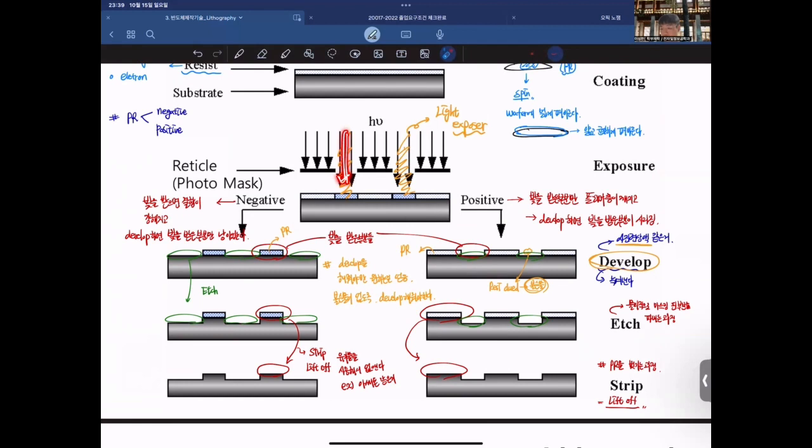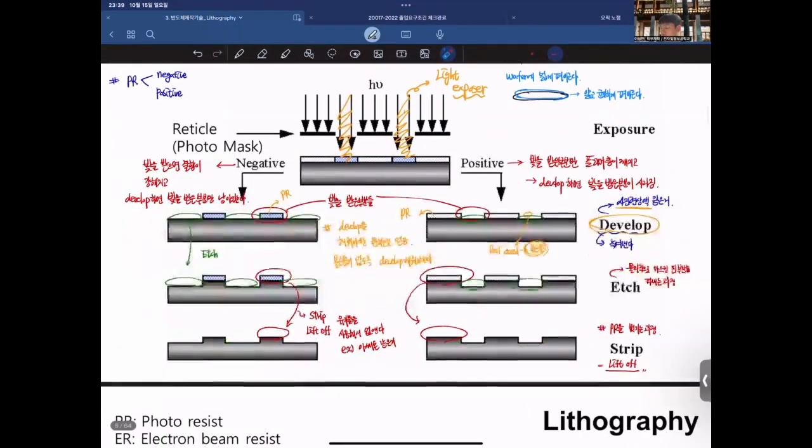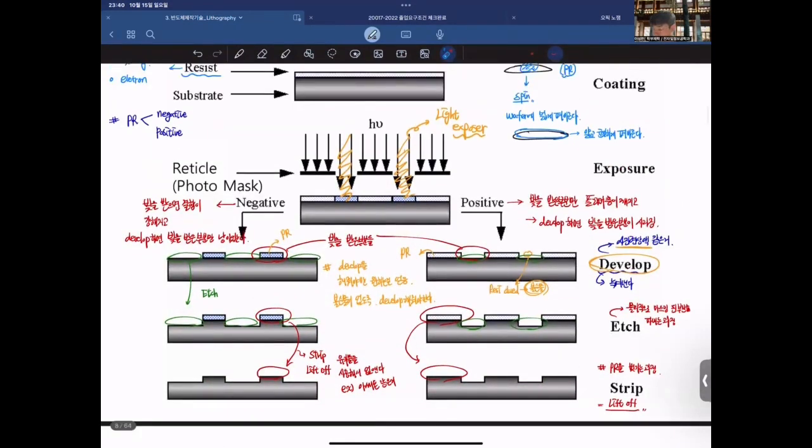Mask we can talk about another time. When the light goes through to the PR, it makes this. When we expose the light to the positive PR, the light breaks their chemical bonds.